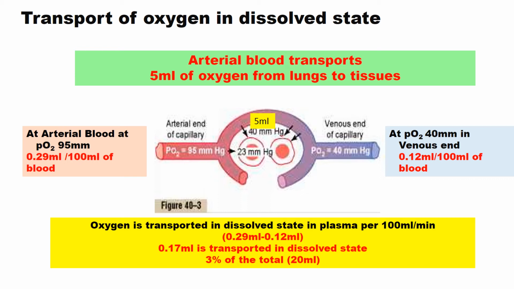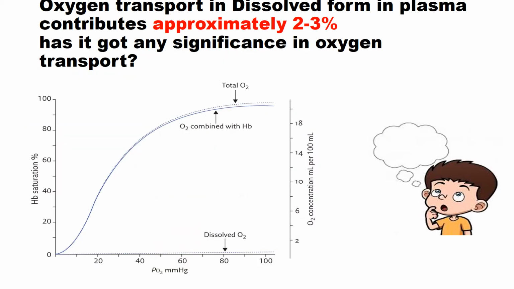And as you can see, it is a negligible amount that cannot sustain the metabolic activity of the cell, as we have said earlier. So the question remains, now we know that the oxygen transported in the dissolved form just contributes 2 to 3% of the total transport. As you can also see in this graph, we have the oxygen concentration per 100 ml of the blood.